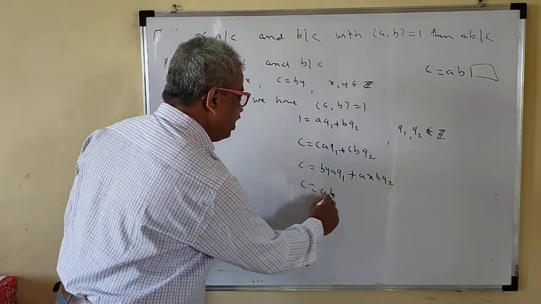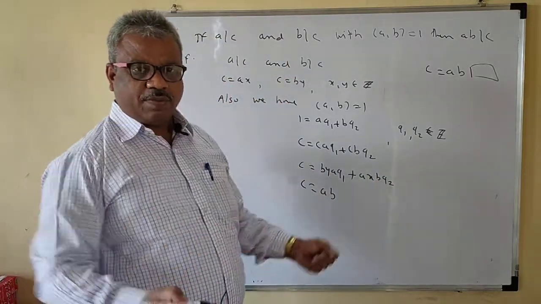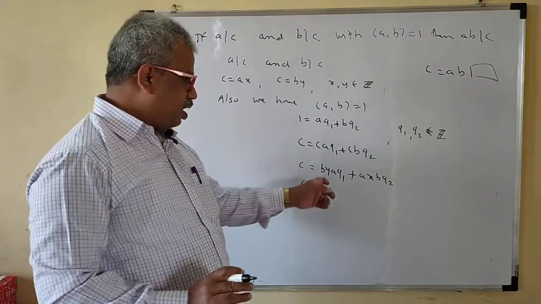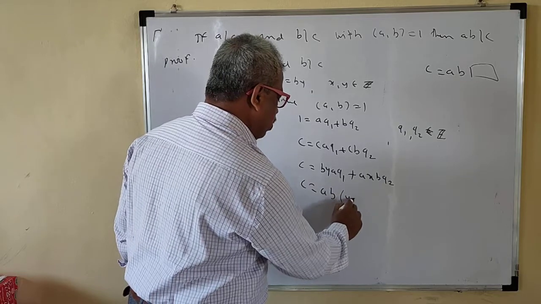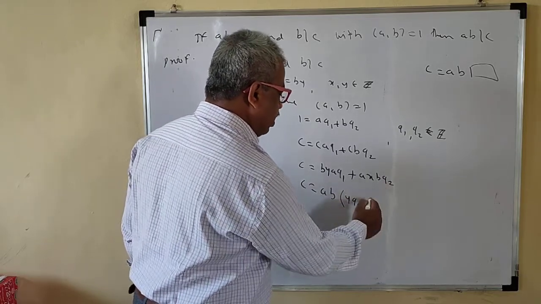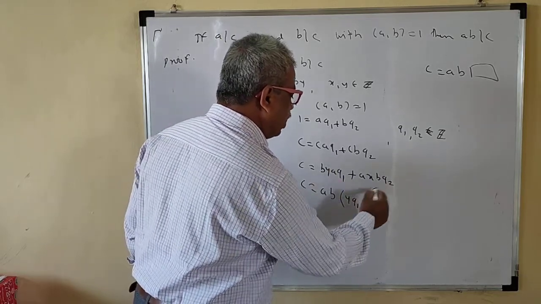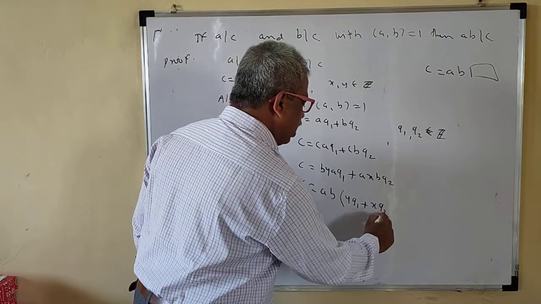So what will I write? AB is there. Now see, product of integers is commutative, you can shift anywhere. So I can take AB common here, and this is YQ1, plus XQ2.